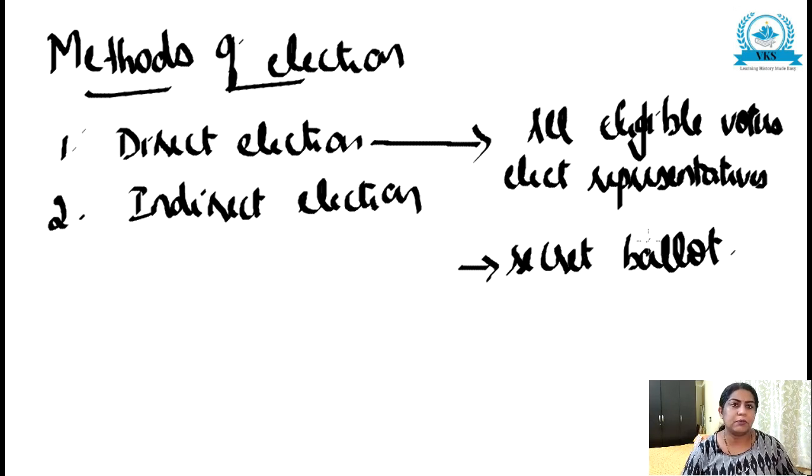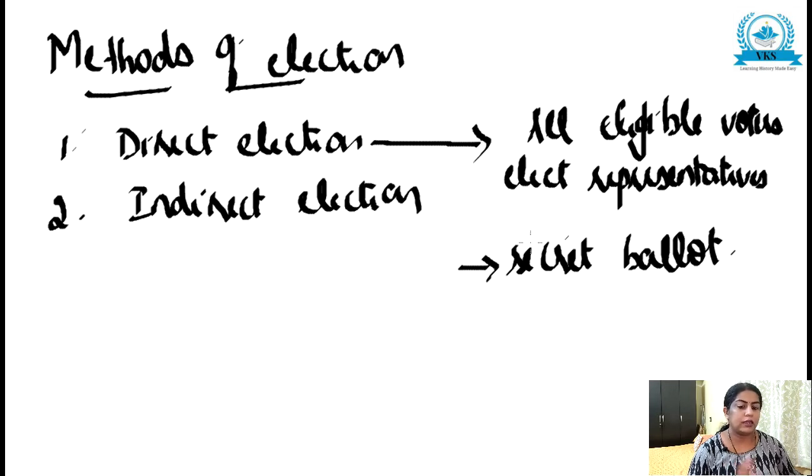It is a very simple thing. There are no intermediaries, no person in between. A person of a nation directly elects their representatives, based on a secret ballot system.